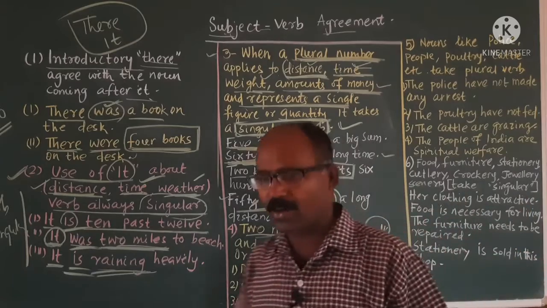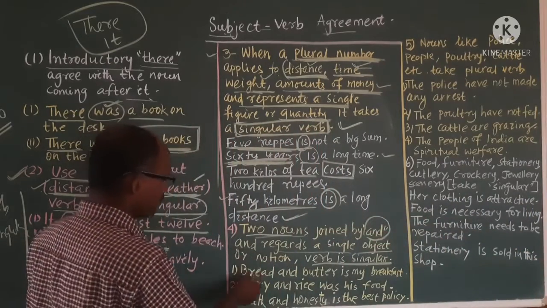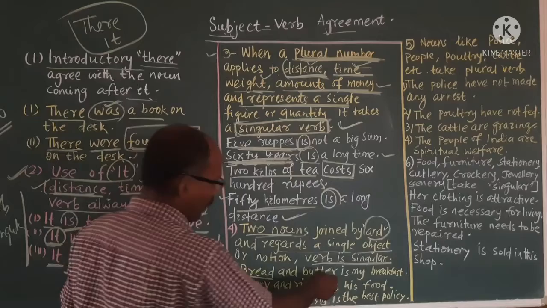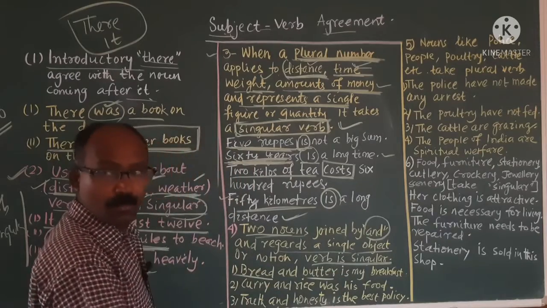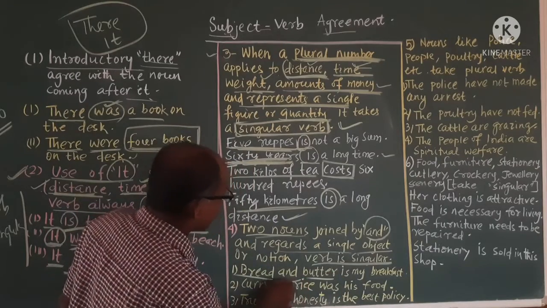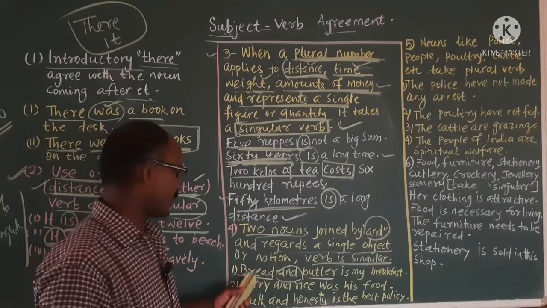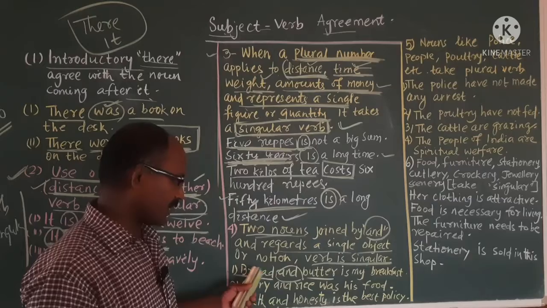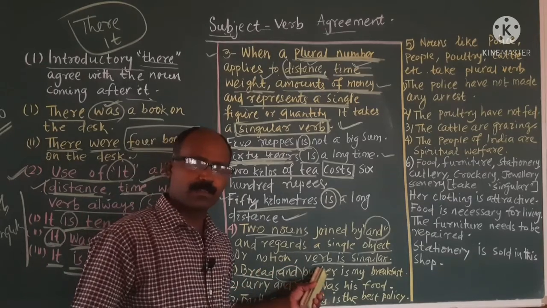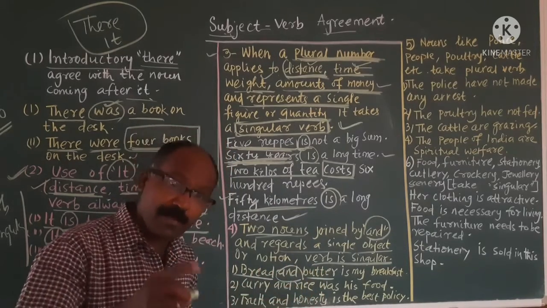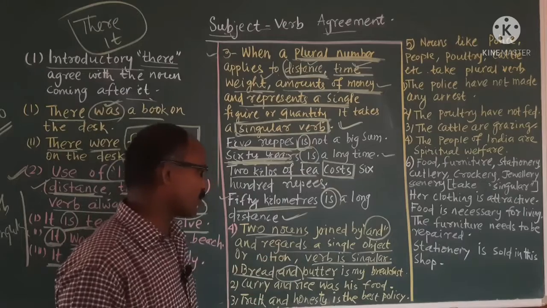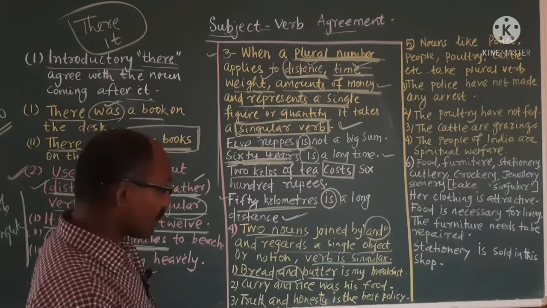See how. Look, bread is one noun. Butter is another noun. Both are joined with the word and. You may think that bread is a different thing and butter is a different thing. But it gives the same idea, the same notion.